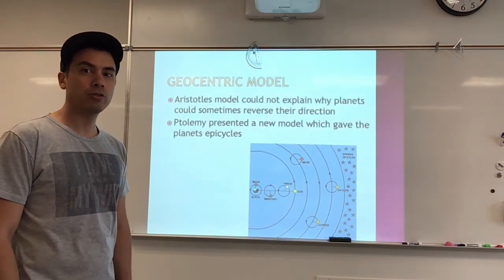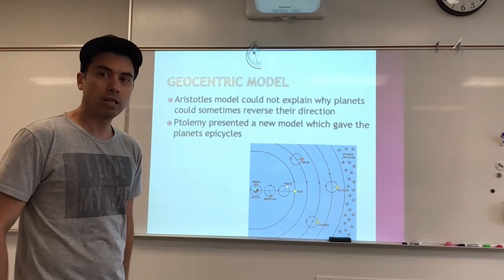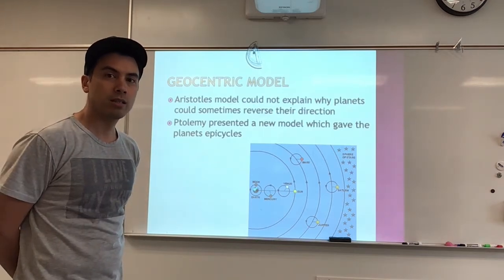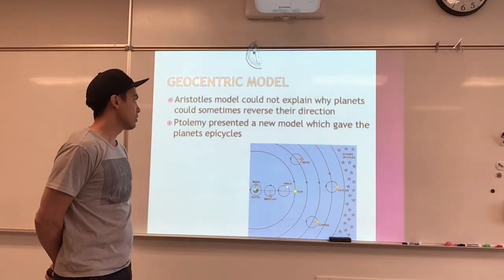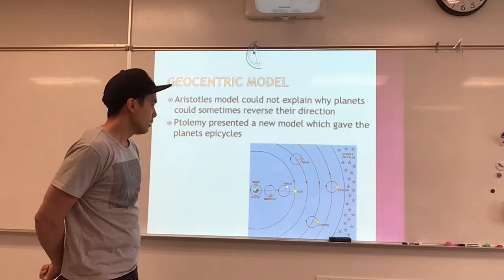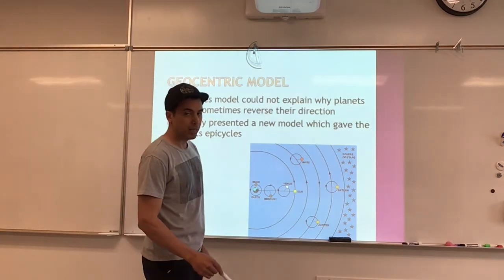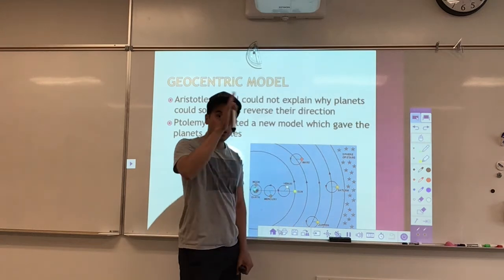So the heliocentric model is a wee bit different. It's actually hugely different. The sun is in the center, and the planets revolve around it. Now, the planets seem to wander back.